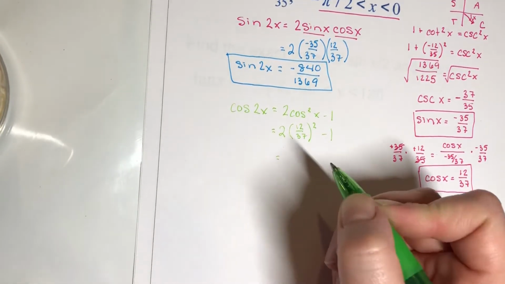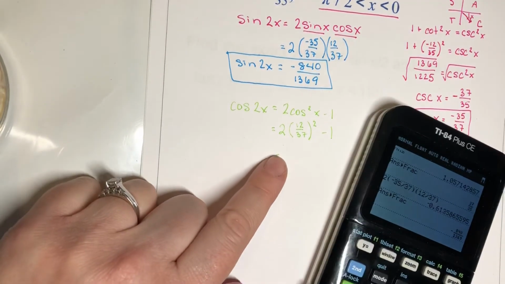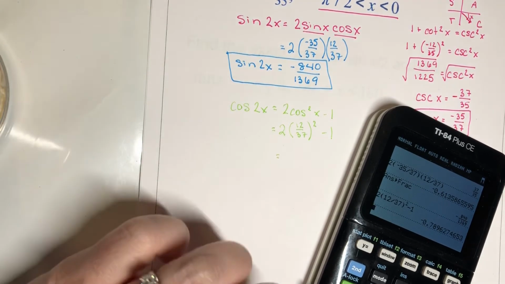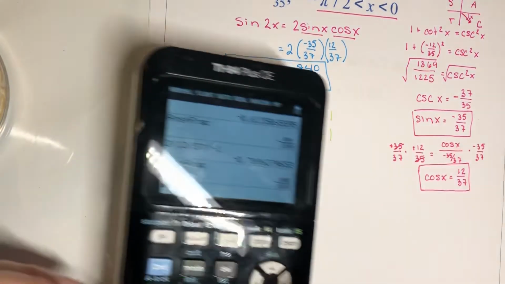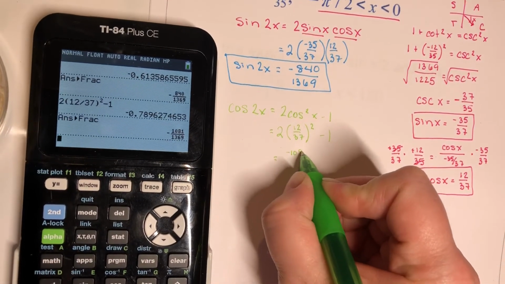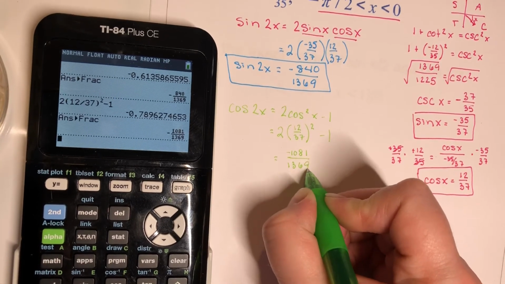And now this is what I type into the calculator again. So 2 times 12 over 37 squared minus 1. Math enter enter. So once again, I have a nice long fraction here. It's negative 1,081 over 1,369.